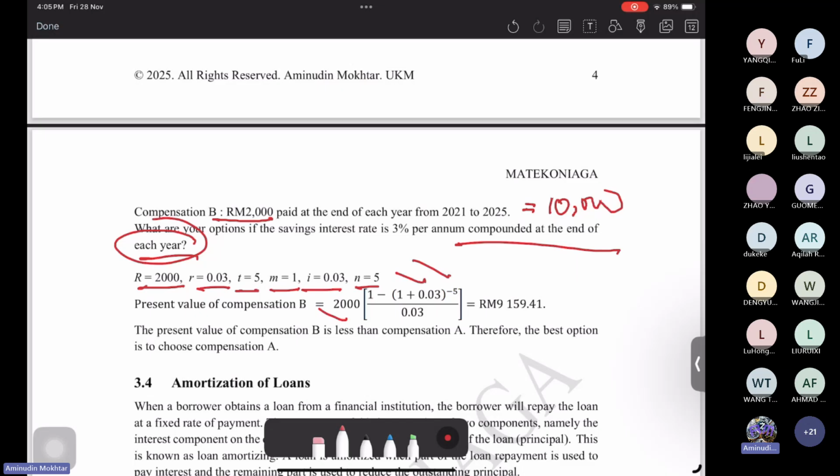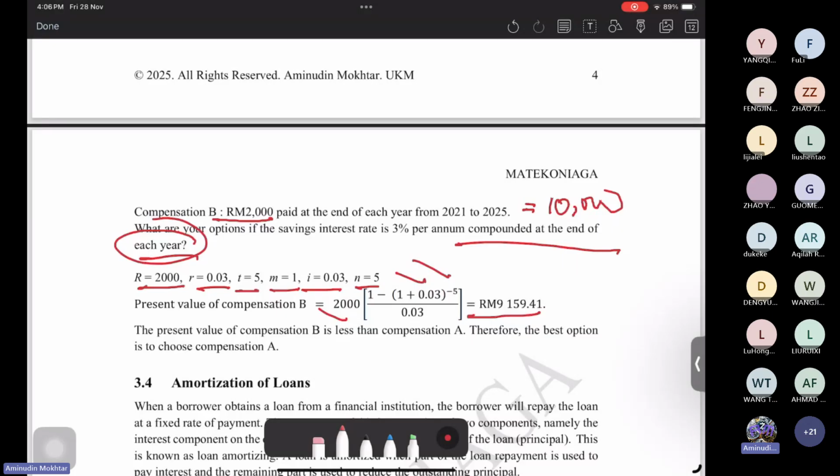Since we are using the present value of annuity, we need n equal to negative 5. So in total, the present value P is 9,159.41 ringgit.